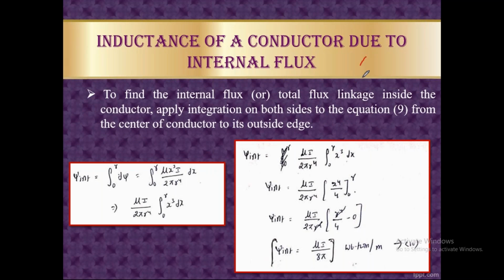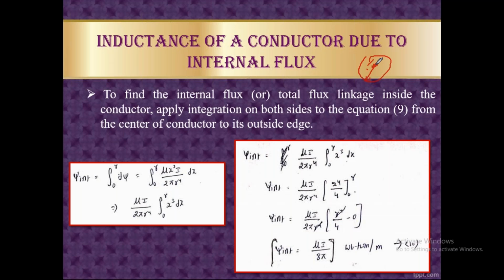I'm taking the conductor here, and this is the center point of the conductor. When the current flows through it, the flux will be generated. Now how much of this flux travels from the center point to the outer surface? Only then can we calculate the internal flux generated inside the conductor, not the outer surface. So that's why we are going to derive it here.